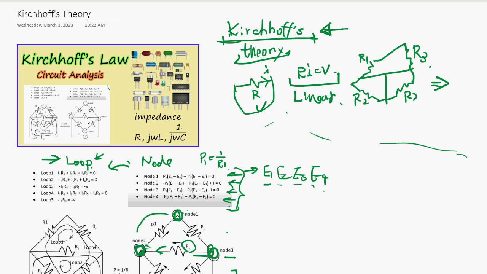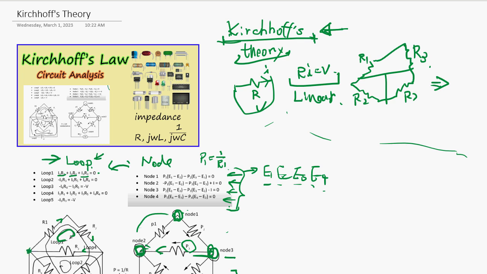Loop 1 is I1 R1 plus I2 R2 plus I3 R3. This current and this current give a voltage, and if you come back to the same point, then the voltage is the same, so there's no voltage.